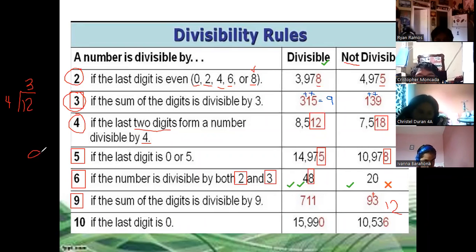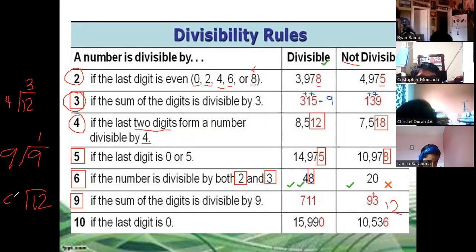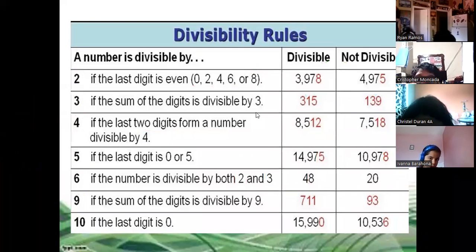And 9 divided by 9 is 1. So it is possible. Now, this one: 9 plus 3, 12. 12 divided by 9 is 1, and here we have a leftover of 3. And this is the thing: in a divisible number, in this division, we don't need to have a leftover. Okay?